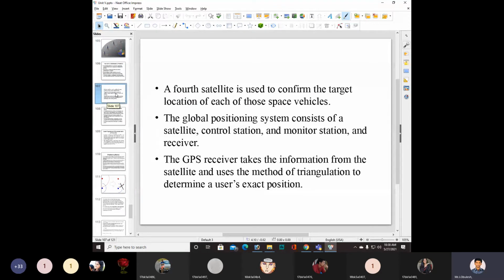Here in the diagram, a fourth satellite is used.